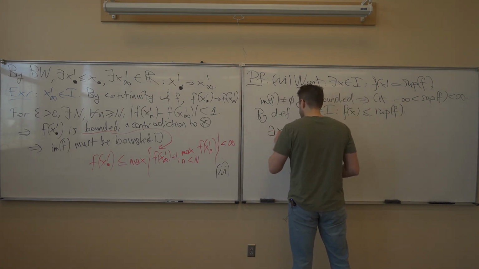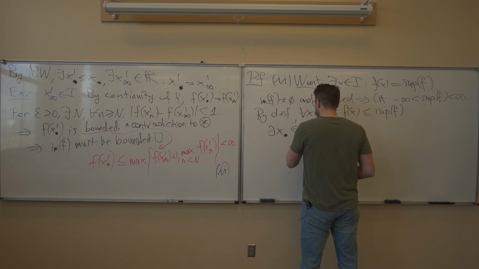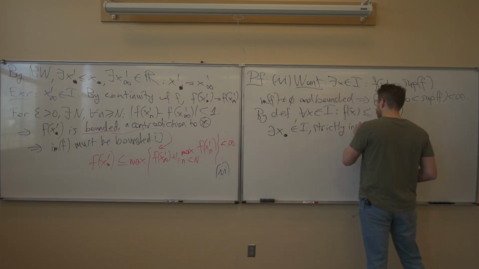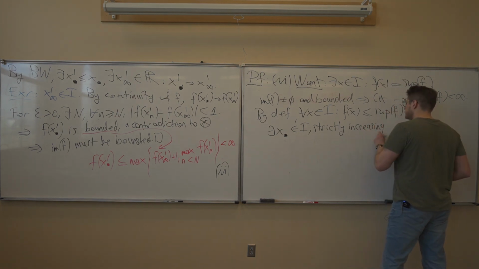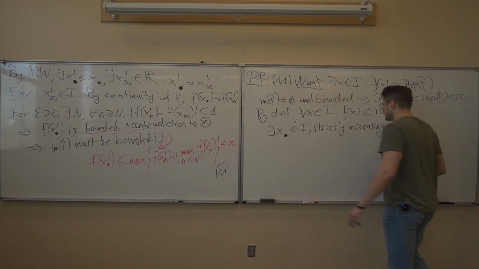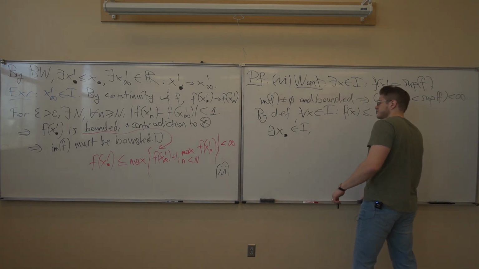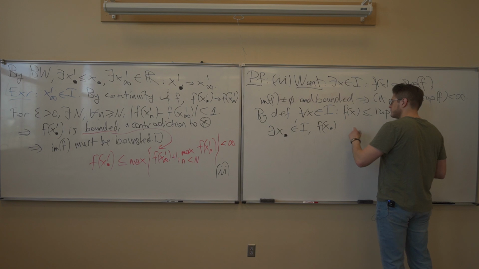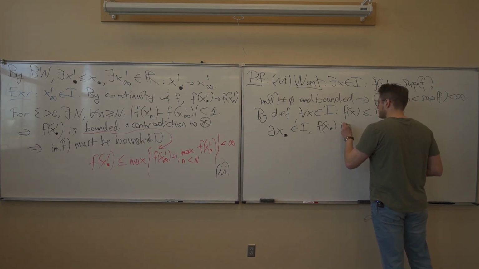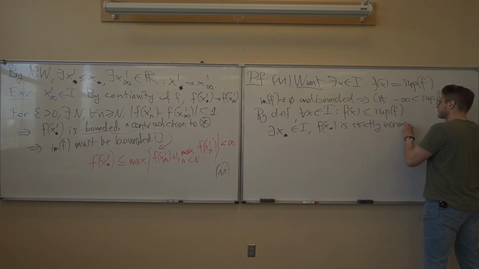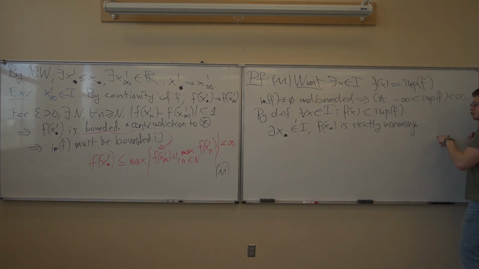Let's say there is an x bullet in I such that f of x bullet is strictly increasing with limit sup.